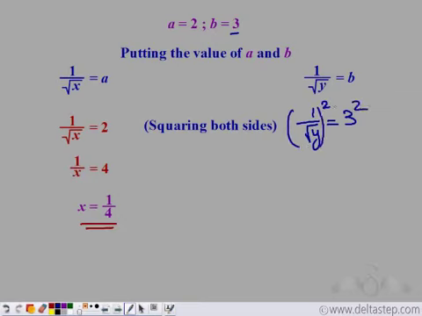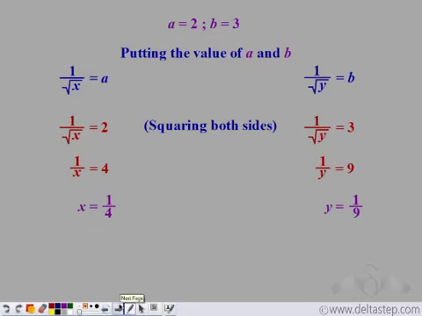So we square these two. 1 square is 1, 1 by root y whole square is y, equal to 3 square, which is 9. So 1 by y is equal to 9, or y is equal to 1 by 9. This is what we have.